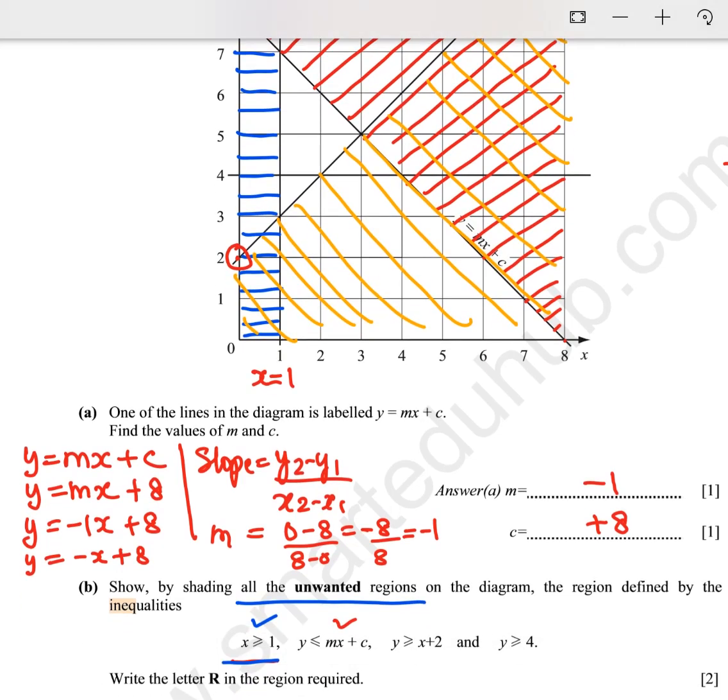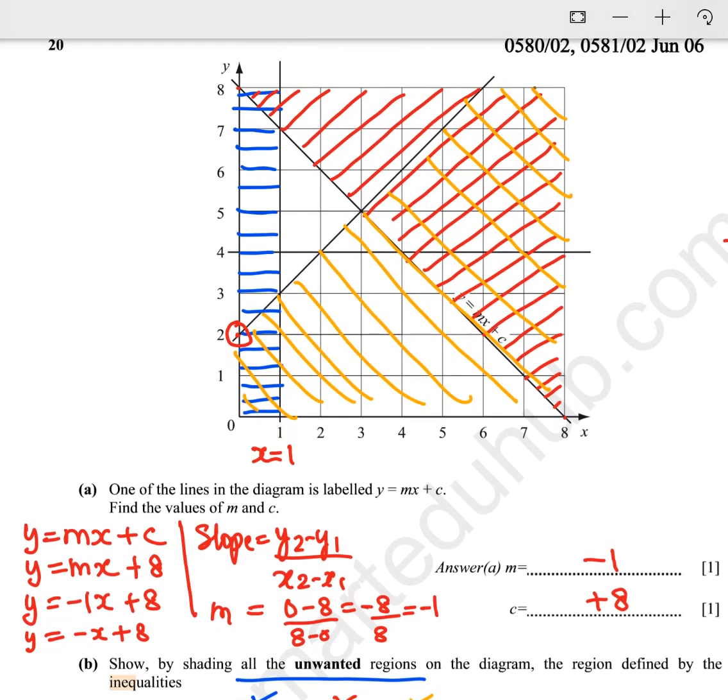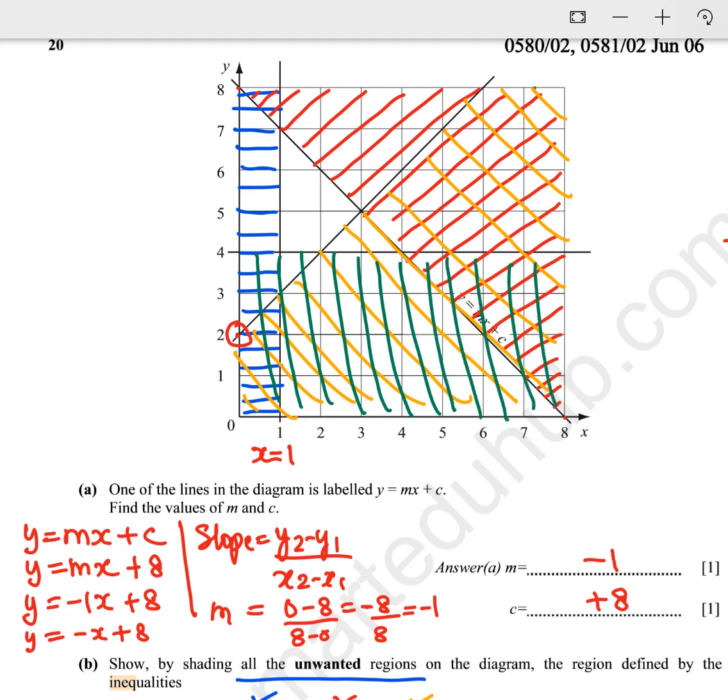Okay, this is done. Now y is greater than or equal to 4, so we are going to shade y less than 4. So once again I pick a nice color, and this is the region that I'm going to shade, because the horizontal line is y equals 4.